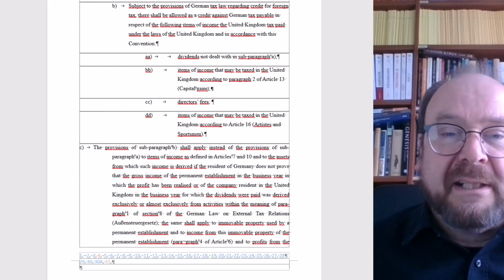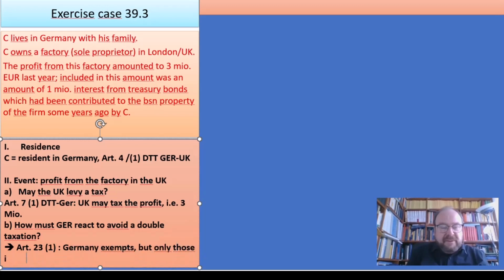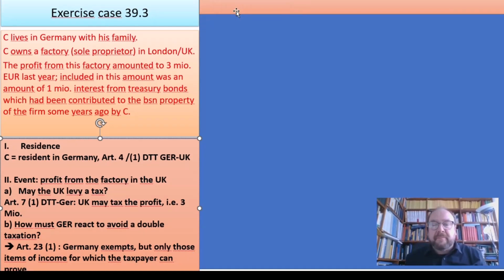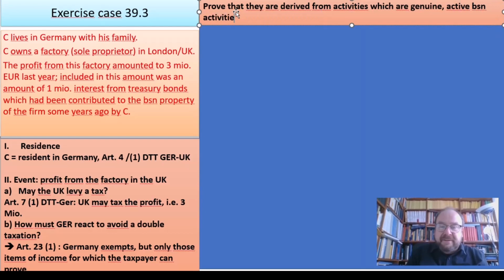Yeah, let us make a note of that. So Germany exempts, but only those items of income for which the taxpayer can prove that they are derived from genuine active business activities in the sense of the German Foreign Relations or External Relations Tax Act, the Außensteuergesetz, AStG.